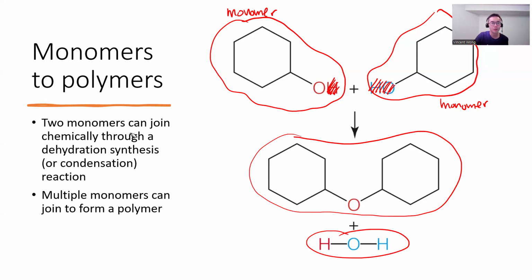Two monomers can join chemically through a dehydration synthesis. You're removing the water molecule, you are dehydrating it. Another word for removing water is condensation, like when you have condensation on your window, you have water on your window. So that's the chemical reaction.